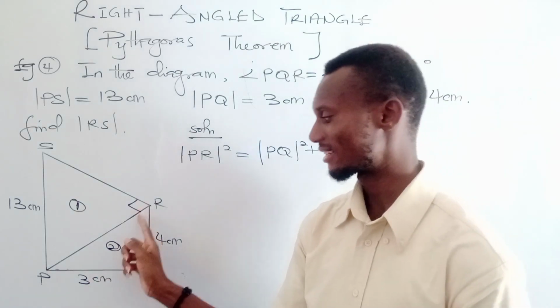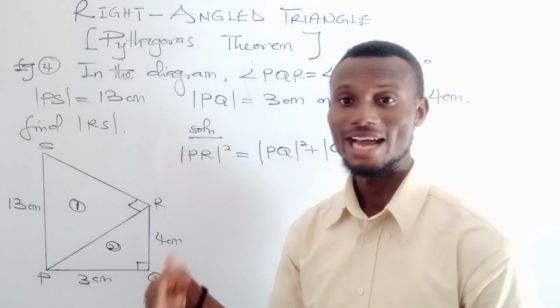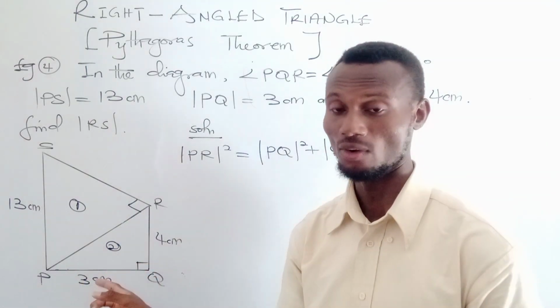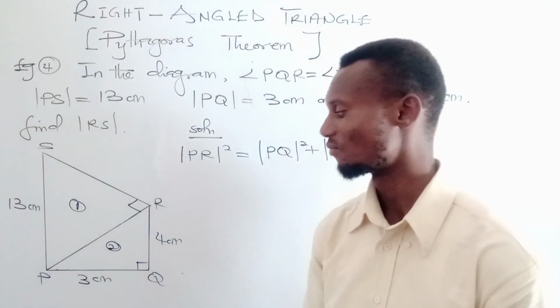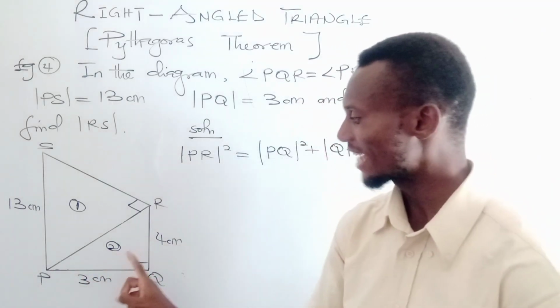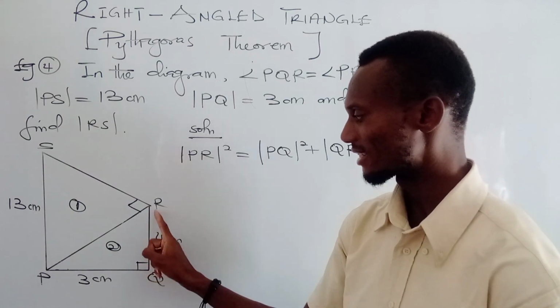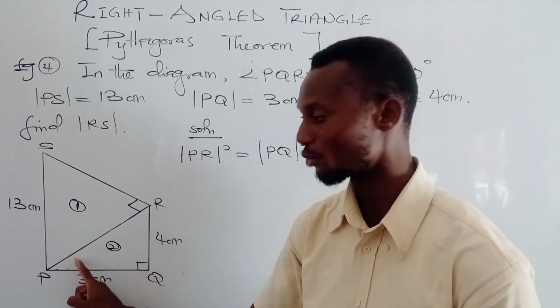And this side, QR, is opposite to the angle formed here.